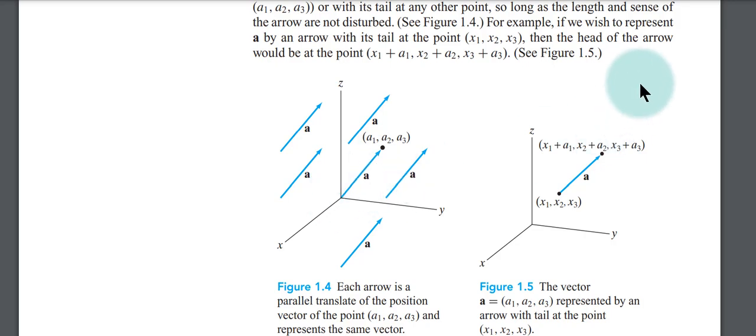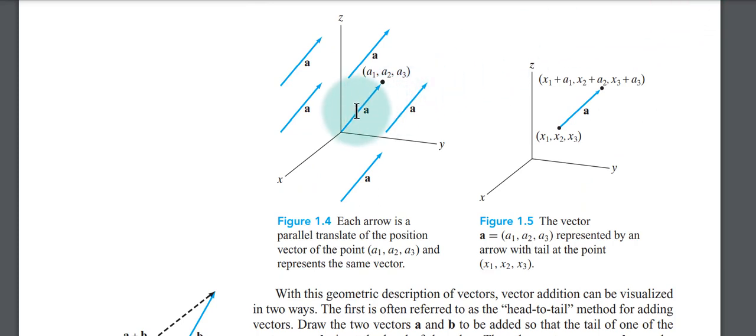So if we have this vector here, which we label as A, and it's at the origin, then its coordinates are like this. Then we can take a different one of these vectors, and its coordinates are obviously going to be different. If we start it here, and then we have A, then the end point is going to be different.